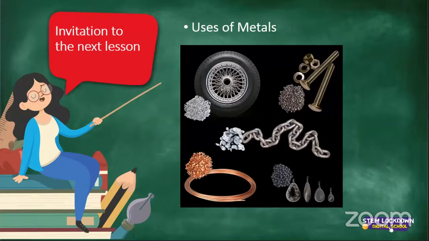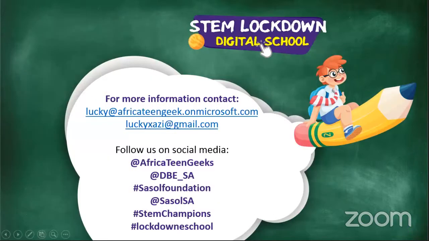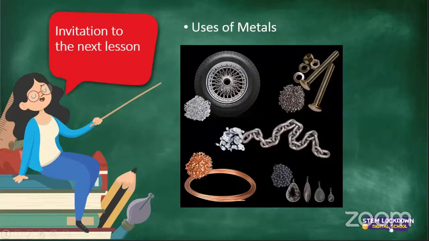I'm doing a small recap of what we did previously. Each metal that you use has to have a purpose, so when you find the purpose, you know whether to use a metal or a non-metal.